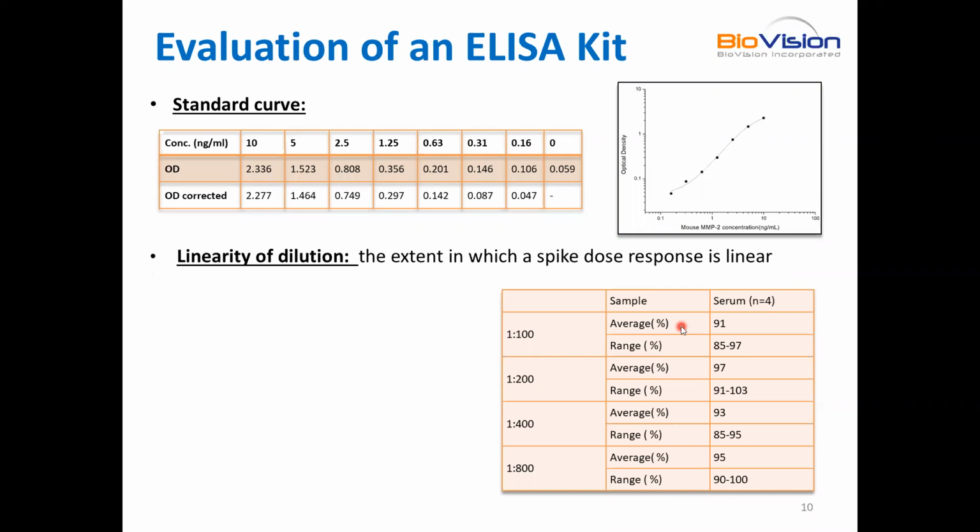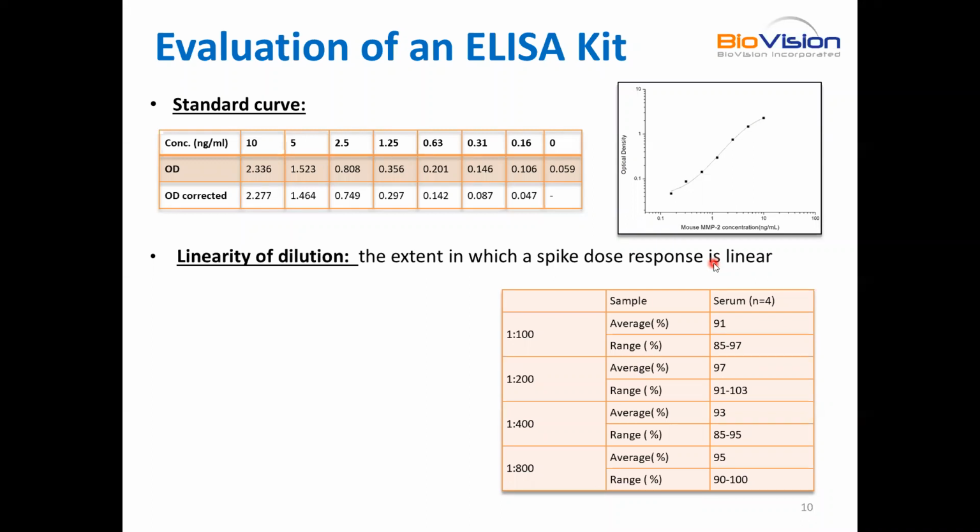So these samples with different matrices are diluted with the sample diluent to produce samples with values within the dynamic range of the standard curve. Even if there are different dilutions, the sample diluent has the concentration within the range of the standard curve.